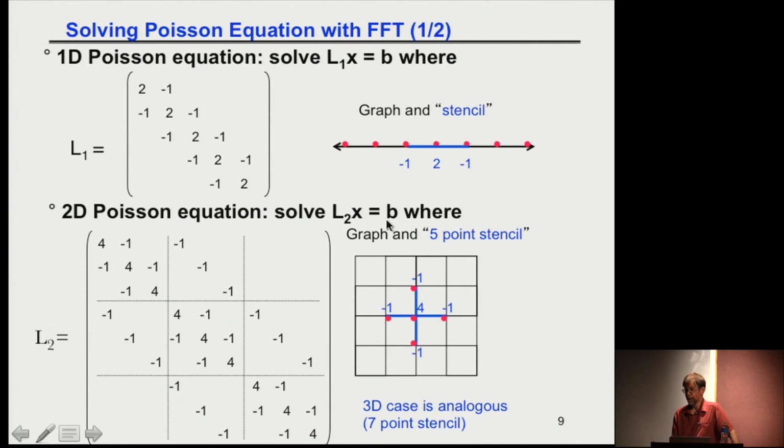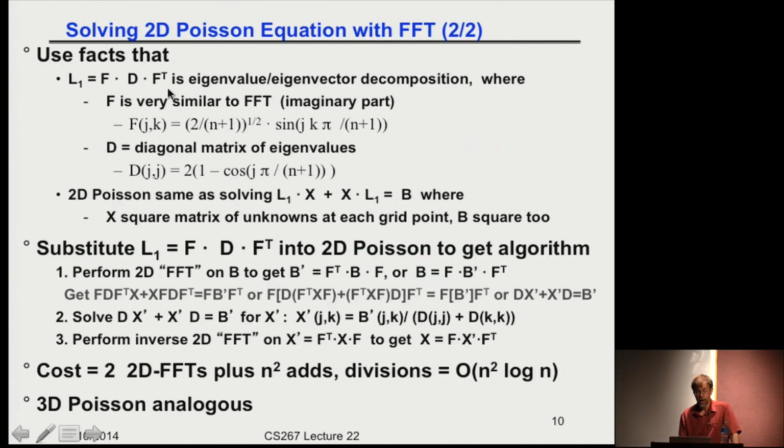So now, on one slide, how am I going to solve this system of linear equations, L2 times x equals b? So I'm just going to remind you of 2 basic linear algebra facts. The first fact is that if I take that 1-dimensional Laplacian, 2's down the diagonal, minus 1's off, I can explicitly write down its eigenvalue decomposition, and the FFT tells me everything I need to know about it. So this says that this matrix can be written as a matrix of eigenvectors times a diagonal matrix of eigenvalues times its inverse.